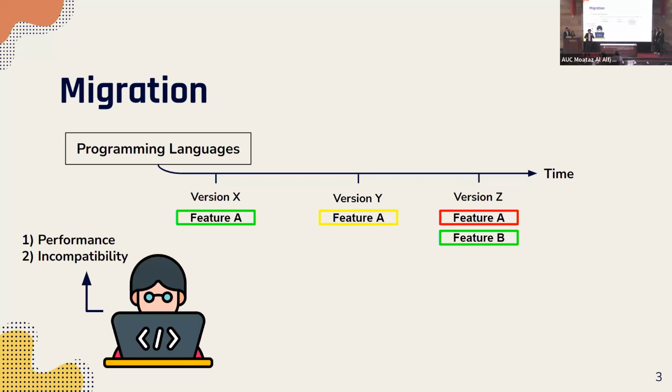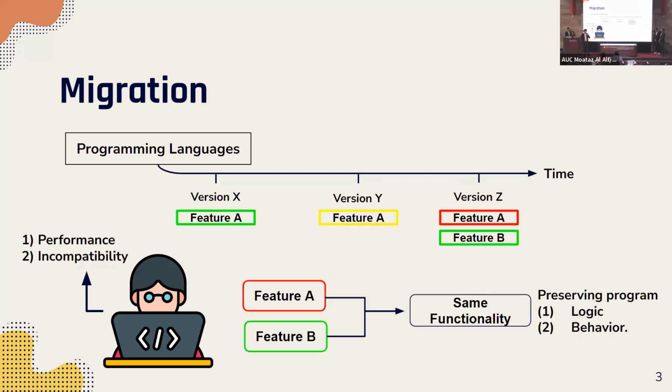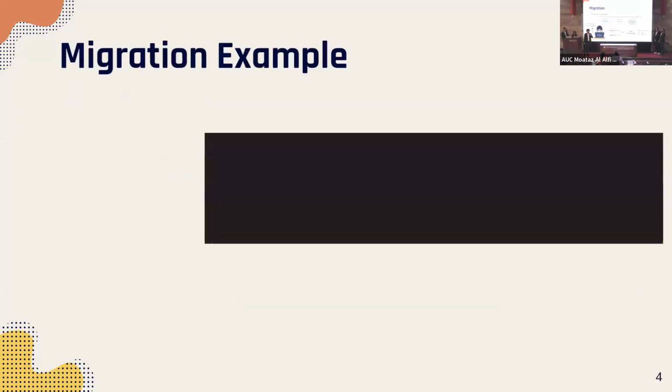From a programmer's perspective, this process of upgrading features is called migration, and it's done for two main reasons: improving performance and mitigating incompatibilities. To elaborate, in our project, we are concerned with a specific kind of migration in which replacing one feature with another preserves the overall program logic and behavior.